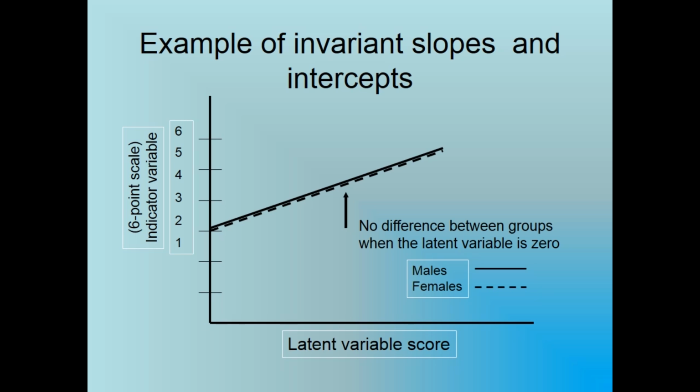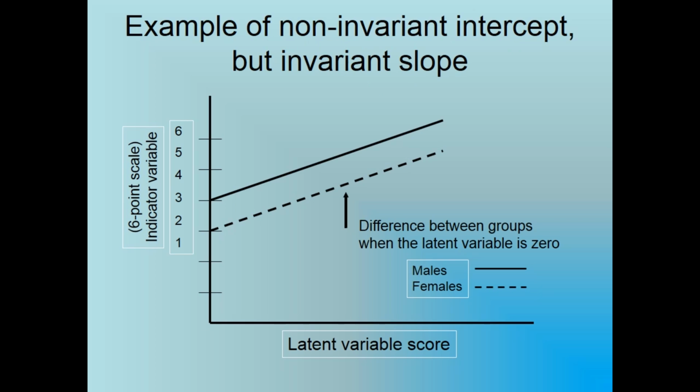Here's an example of a non-invariant intercept, but with an invariant slope, or factor loading, if you want to think about it from that perspective. So the factor loadings or slopes are invariant because the change in the latent variable and the change in the indicator variable is the exact same. However, you can see that the intercept is much lower for females than for males.